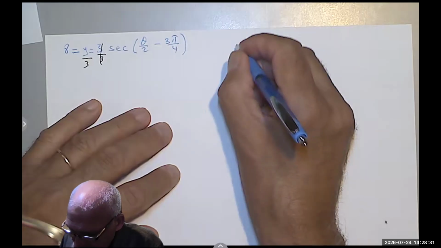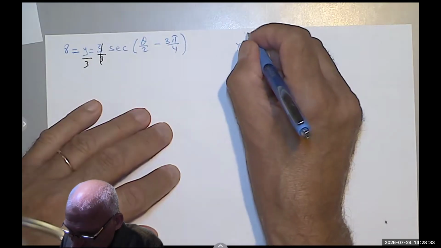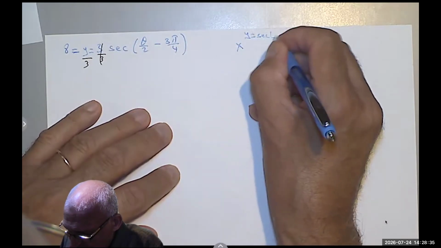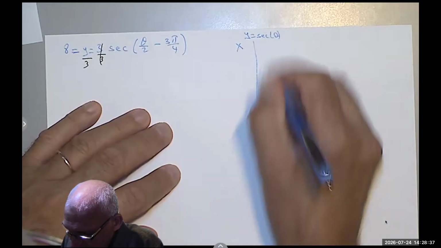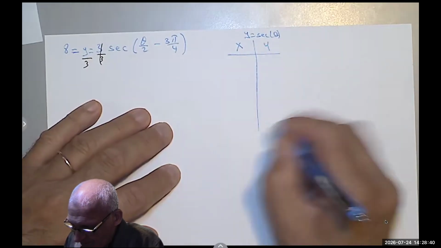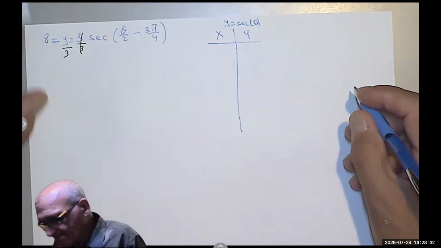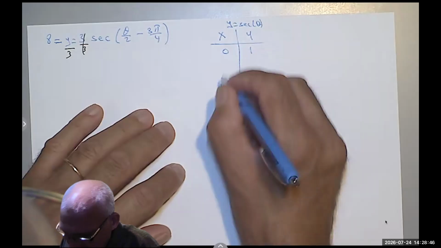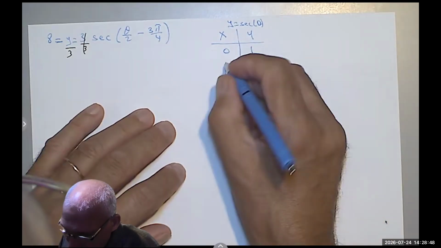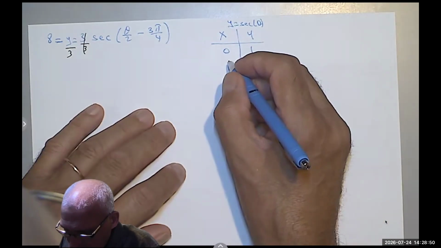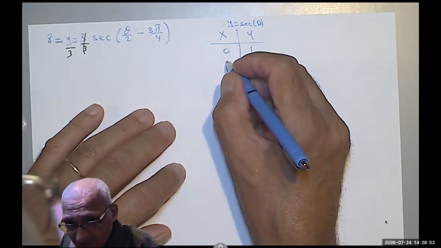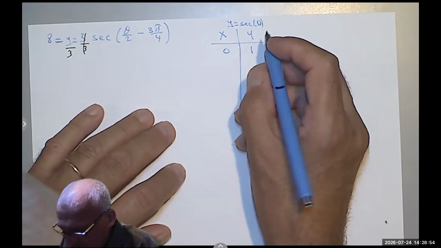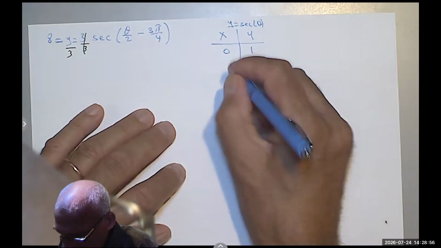Again, my parent function is y equals secant theta. If I have x is 0, y is 1. X, should we do pi over 6 and pi over 4 and stuff, or just pi over 2?